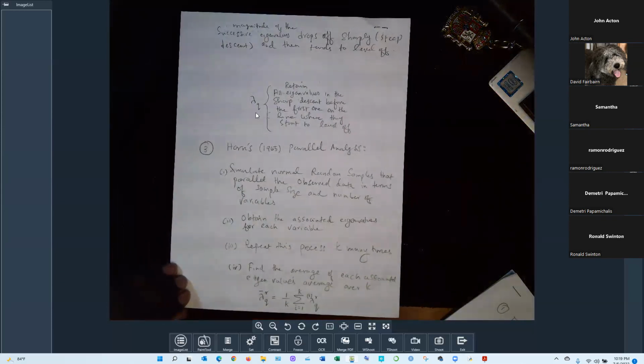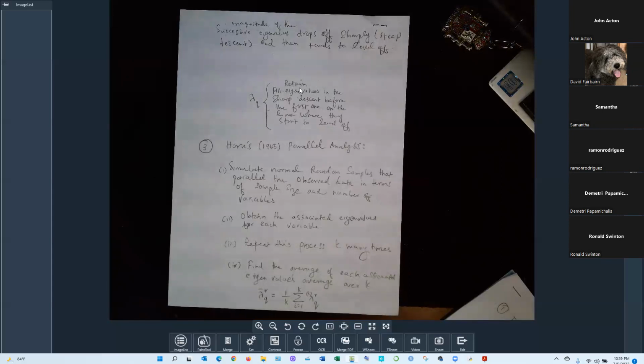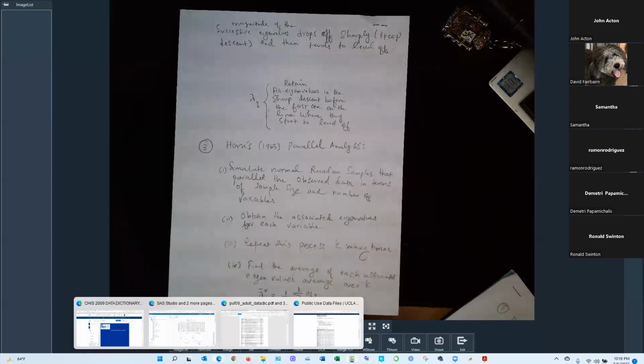Then you have how many eigenvalues, how many principal components, to be kept. Retain all the eigenvalues in the sharp descent before the first one on the line where they start to level off.